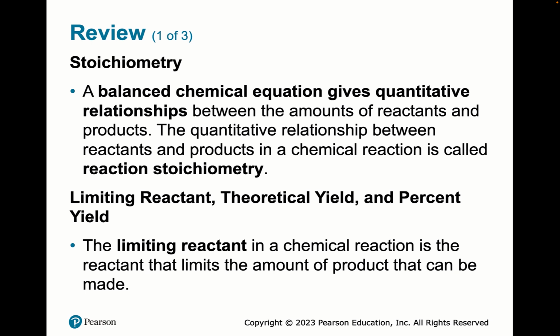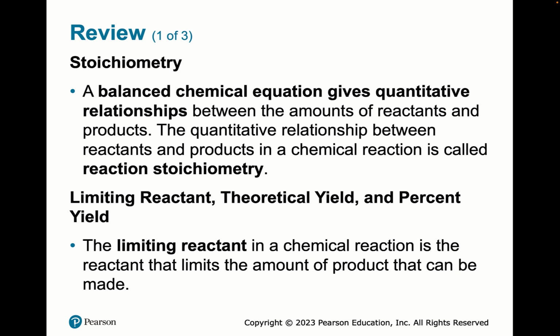So, review. This is a tough chapter, and a lot of students have a hard time. This is when chemistry can start to become difficult, especially when you deal with the middle steps, when you have to determine in a balanced chemical equation where to get the ratios. When you do this chemical accounting, this is called stoichiometry. We talked a little bit about limiting reagent, theoretical yield and percent yield.